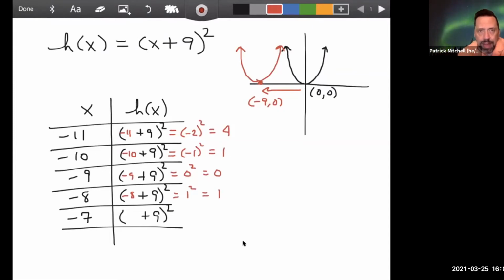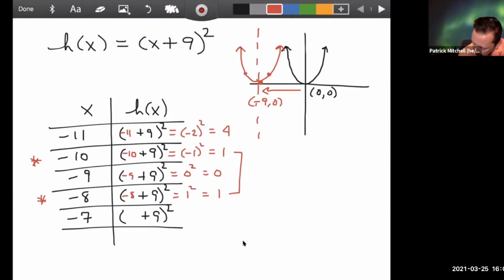Notice that the y value corresponding to both -10 and -8 is 1, all right? And that is not surprising when you think about it, because those points are supposed to be mirror images of each other through this axis of symmetry. So I expect those to have the same y value.